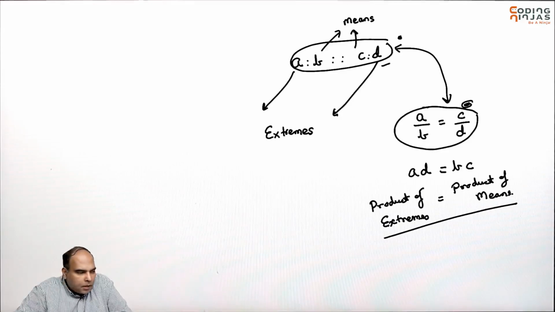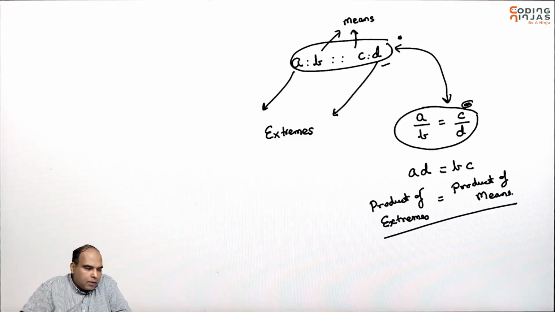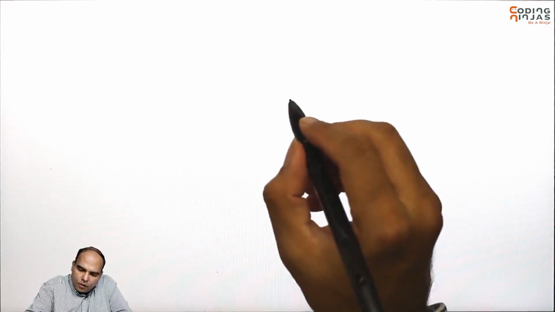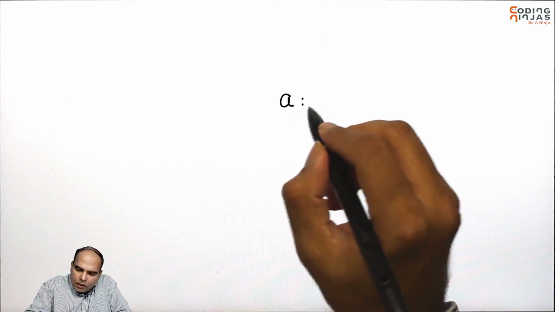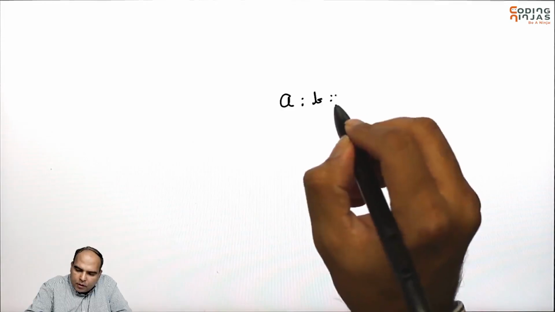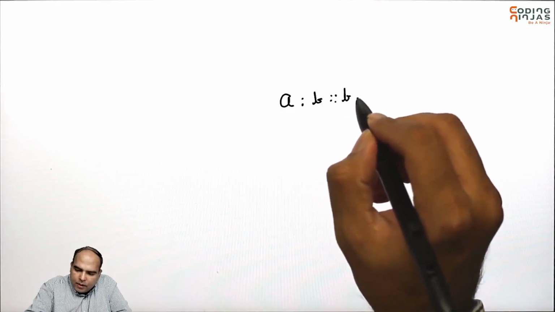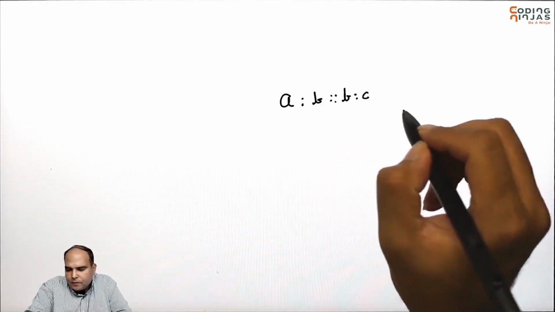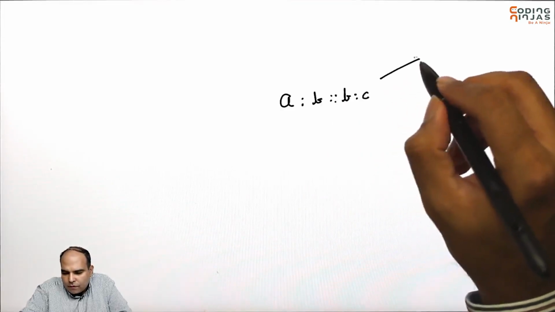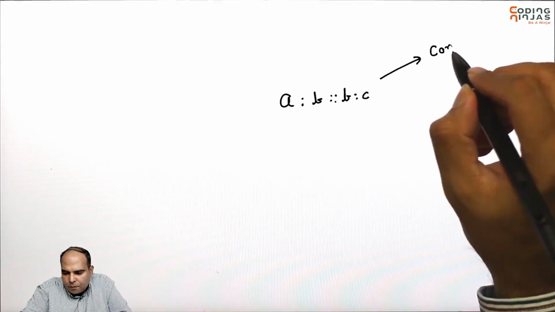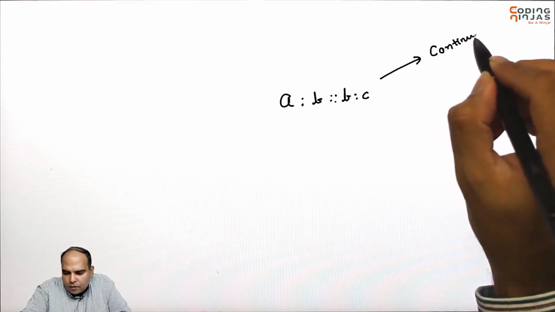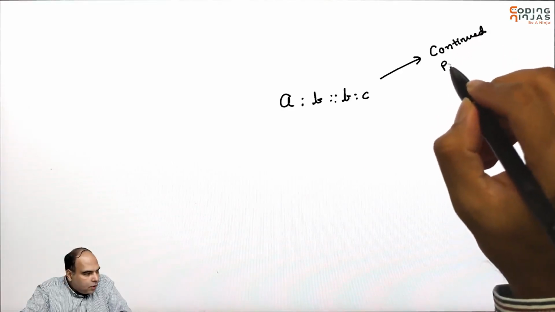And sometimes the mean proportional is also the same. What I mean will be clear to you when I write it down. If the mean proportional is the same, that means A is to B :: B is to C. This is also referred to as a continued proportion.